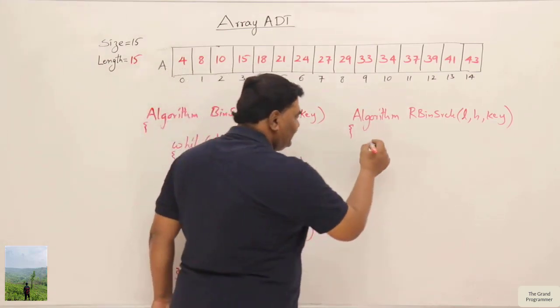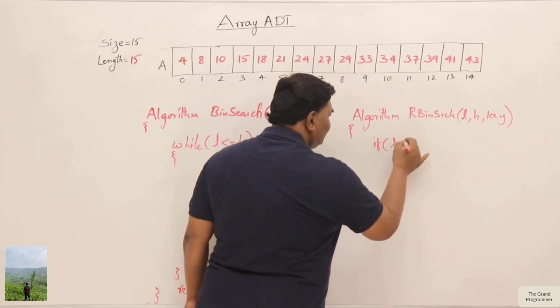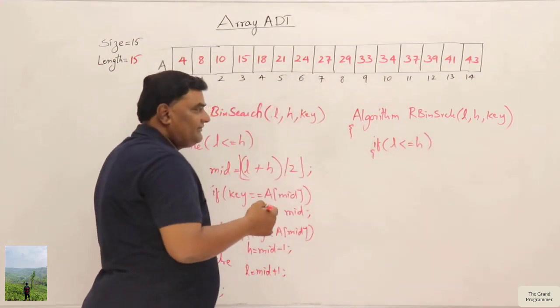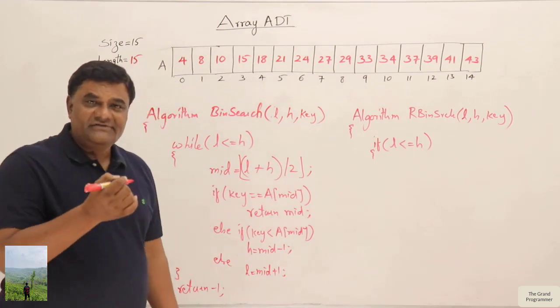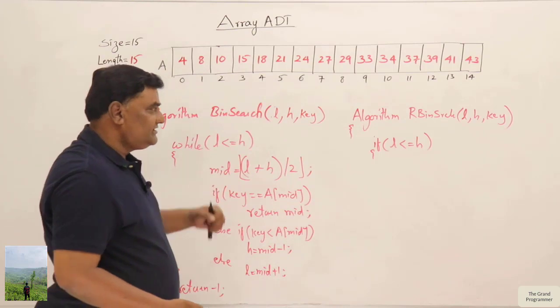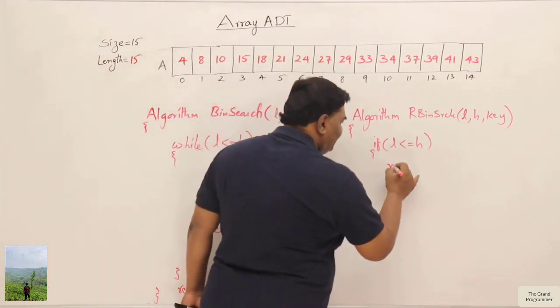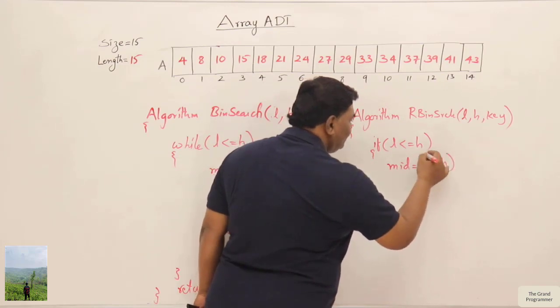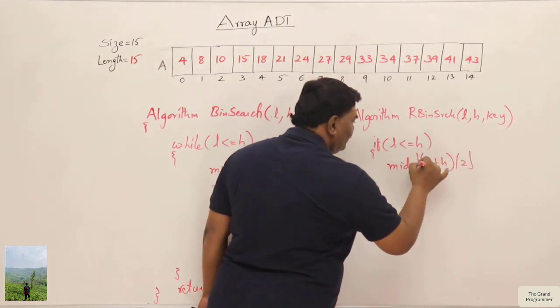So first we will check if low is less than or equal to high, and only then will we consider it. If low is less than or equal to high, at least there is one element. If low is greater than high, it means there are 0 elements. So the first condition we check. Then after that we will find out mid, and mid is low plus high divided by 2, the floor value.